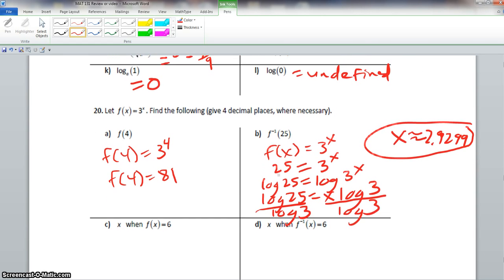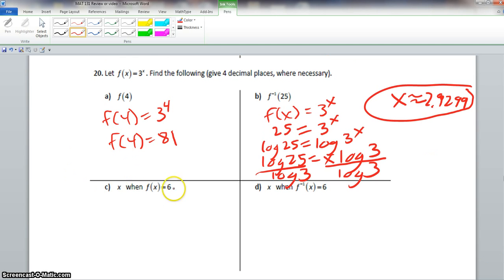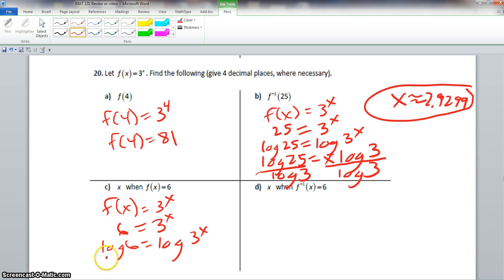So now we scroll down here to see x when f of x is equal to 6. We have f of x is equal to 3 to the x. We'll substitute in 6 for f of x. Now we could do the same thing we did up here. We take log 6 is equal to log 3 to the x. We'll bring our x out front.